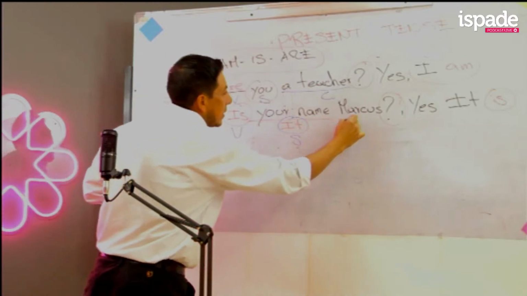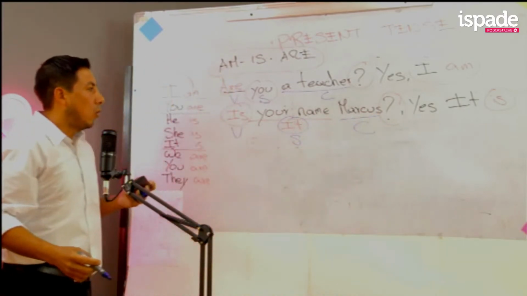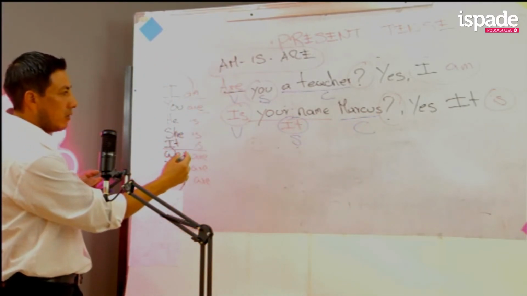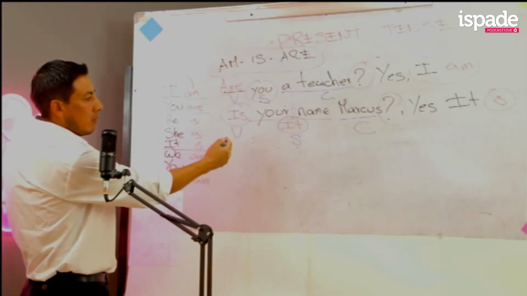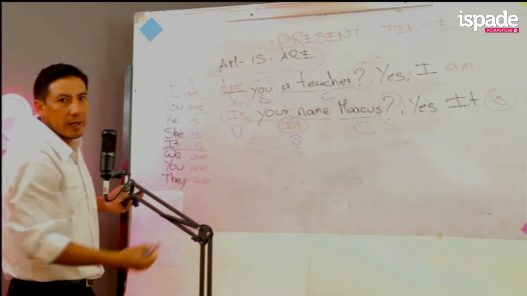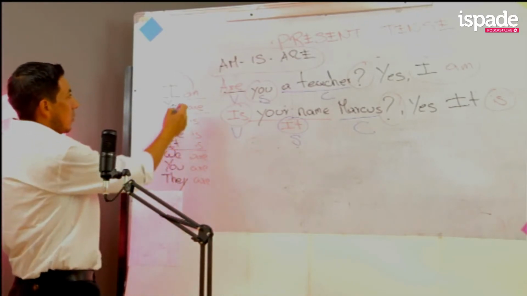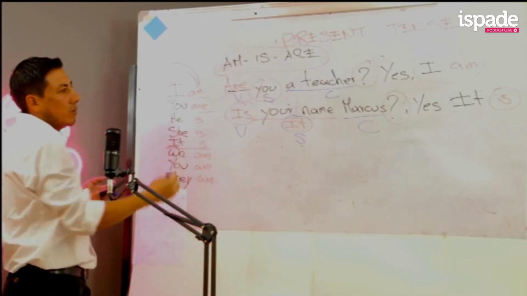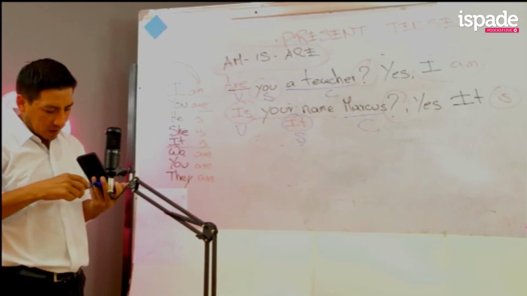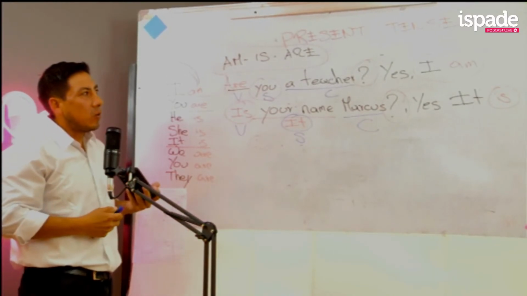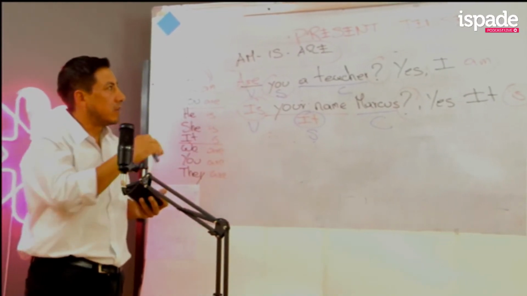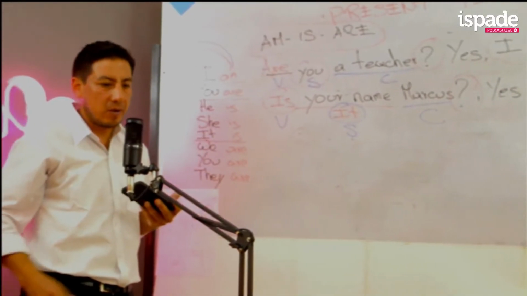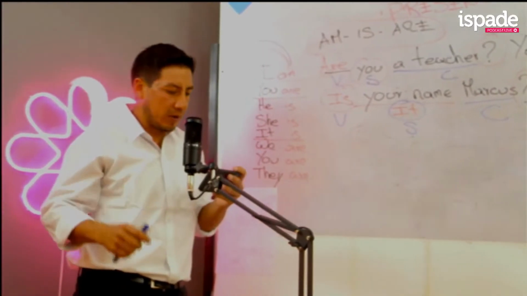And here we got the complement. Why is the verb before the subject? Because we are doing a question. When we do a question like this, the verb comes before the personal pronoun. And we continue maintaining the same structure, subject plus verb plus complement. I'm going to give you one more example, okay?